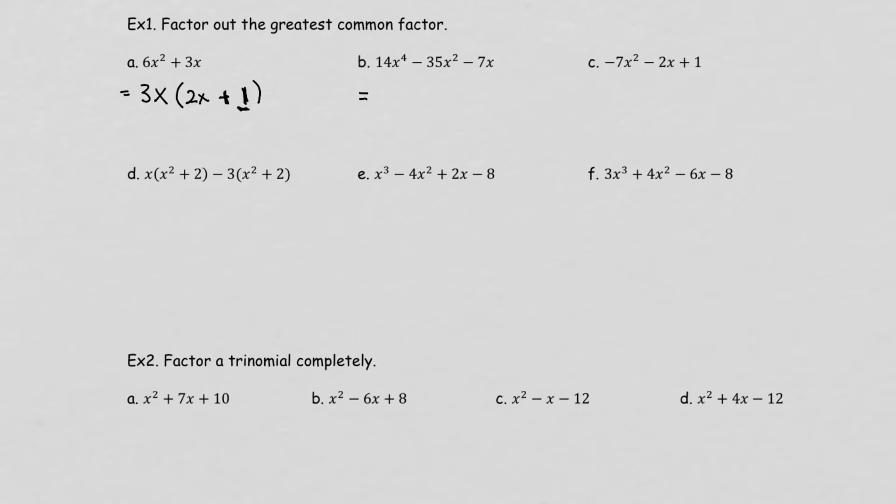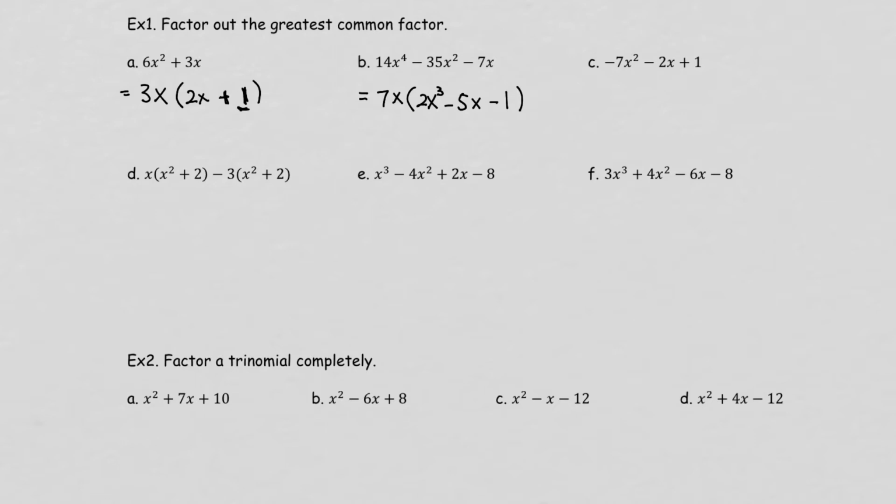So when you're looking at 14, 35, 7 fits in all, and then x to the 4th, x squared, x, x will be the common. So when you factor that, you're going to get 2x cubed remaining, because out of x to the 4th you take 1 out, 3 remains, and minus 7 times 5 is 35. Out of x squared you're taking 1, so 1 remains, and minus, you're taking the whole 7x, so you need to write the placeholder 1.